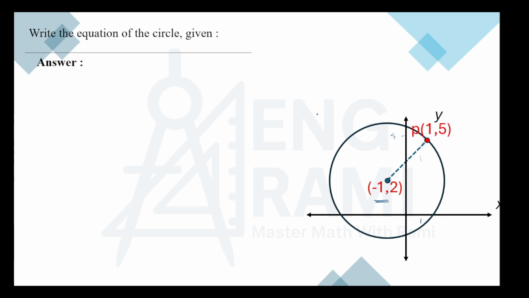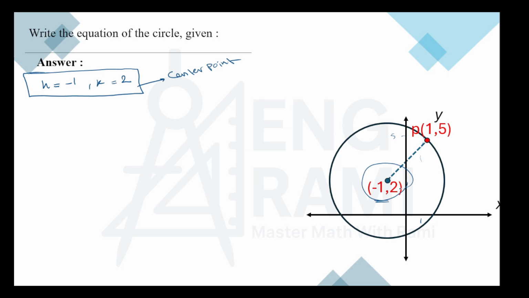Then, in order to find the equation of the circle, here is h equals -1 and k equals 2. This is the first thing that I found from the center point here, -1 and 2. Then, we have to find the radius.